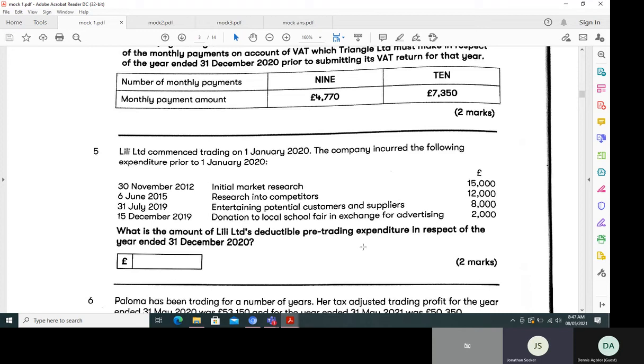But when it comes to gift to customers, that one has conditions: it must not be more than 50 per recipient per year, it must be in the form of advertisement, and it must not be food, tobacco, or drink. So if it's a gift to customers, we have to ensure that we meet these conditions.